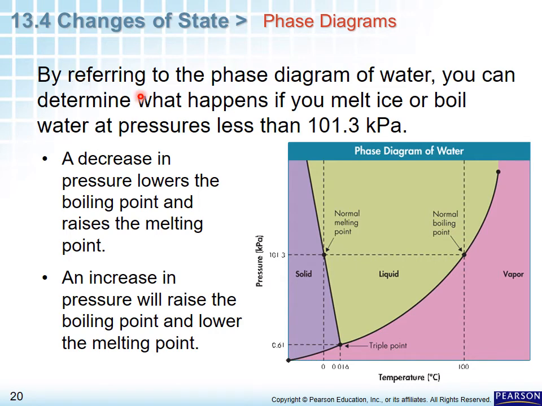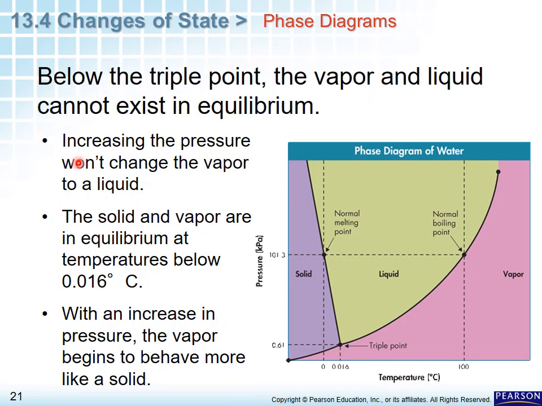By referring to the phase diagram of water, you can determine what happens if you melt ice or boil water at a pressure less than 101.3 kilopascal, as I told you here. When you decrease the pressure, it lowers the boiling point and raises the melting point, and increasing the pressure will raise the boiling point and lower the melting point.